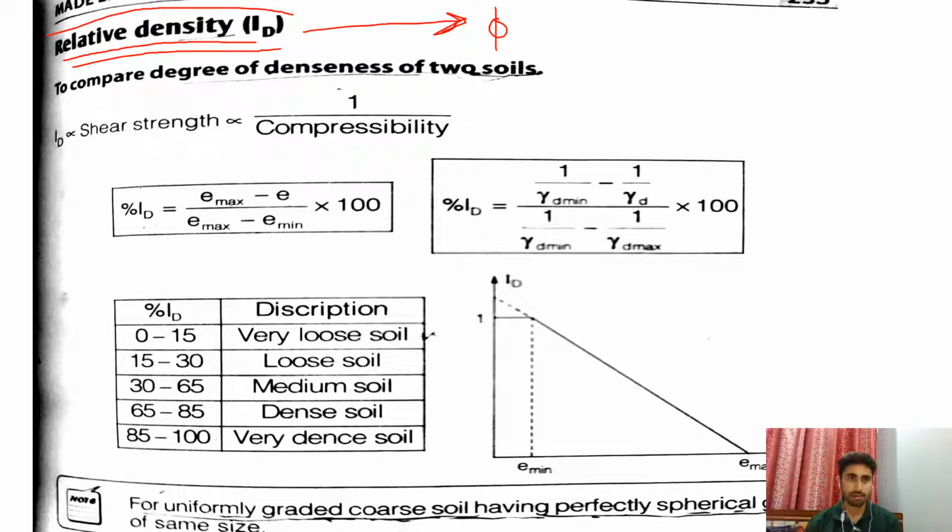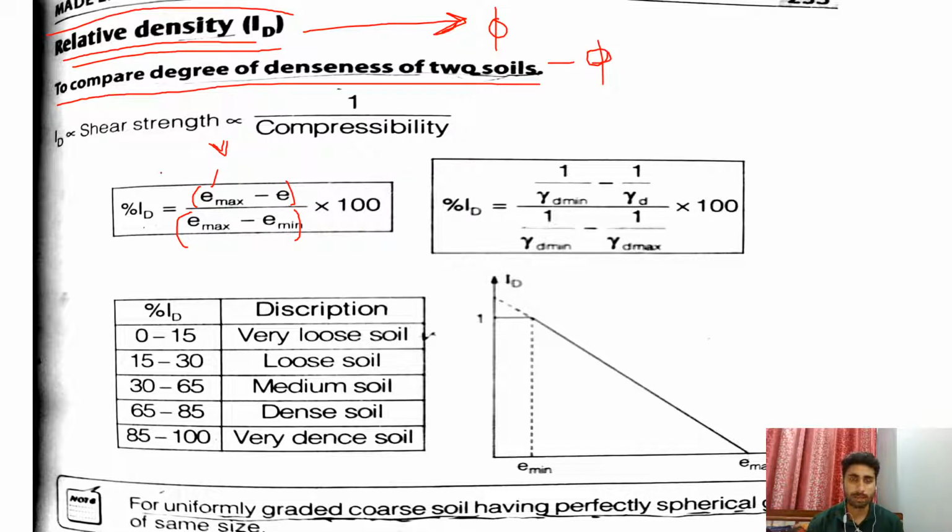It can be calculated as e max minus e natural, divided by e max minus e min. What is e? It is the void ratio. It is used to compare the degree of denseness of two soils. Which soil? Cohesionless soil.